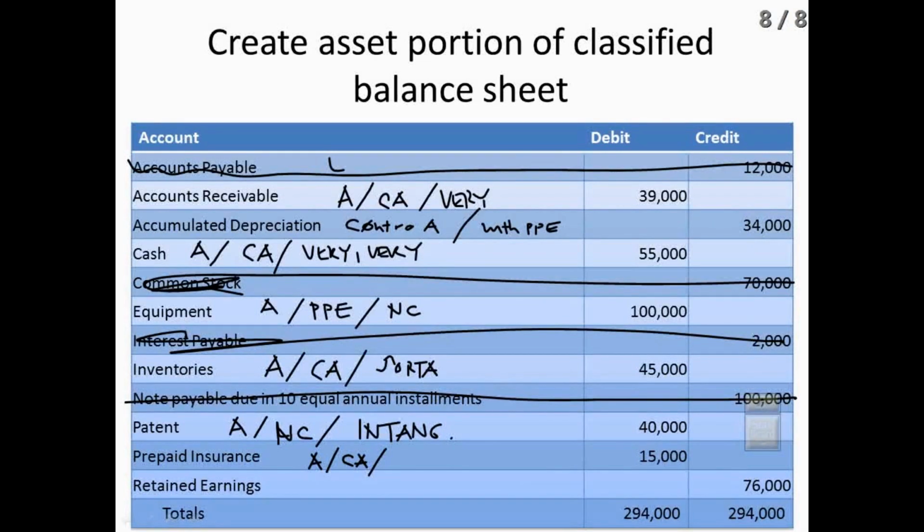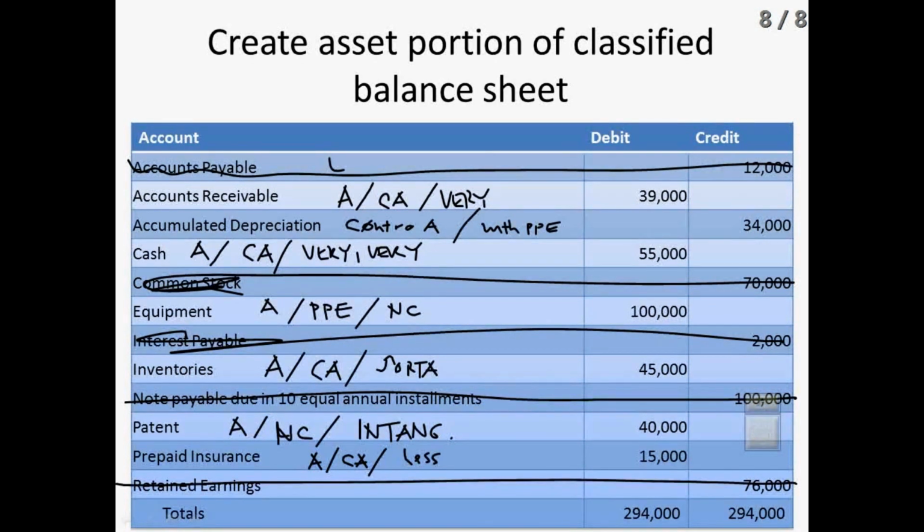Not very, because it gets used up as time passes. It might take a whole year before the full asset is depleted. A month of it might be more current, like the current month is more current than 11 months from now, but nonetheless, it's not super, super current. So, less. And then retained earnings? All right.